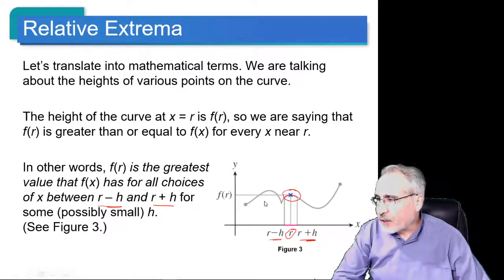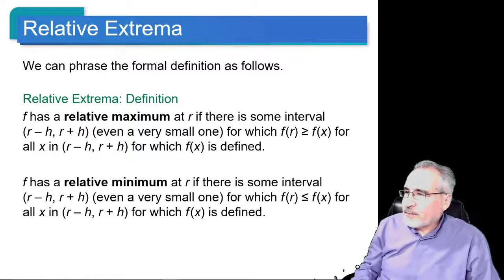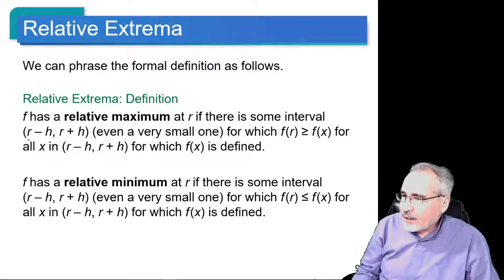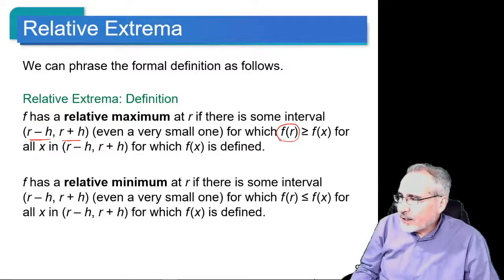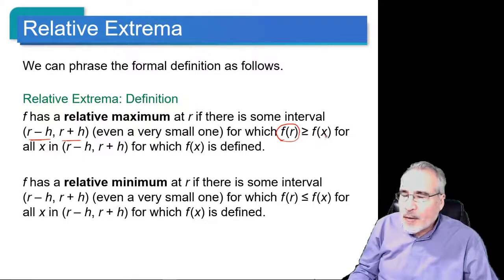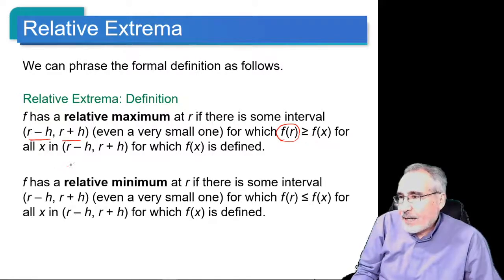And mathematically, what does that look like? Well, it's saying that a little bit to the left, a little bit to the right, the biggest y value, that's what this is, right? This is the y value at r, is larger than all the other y values in that interval, in that neighborhood.